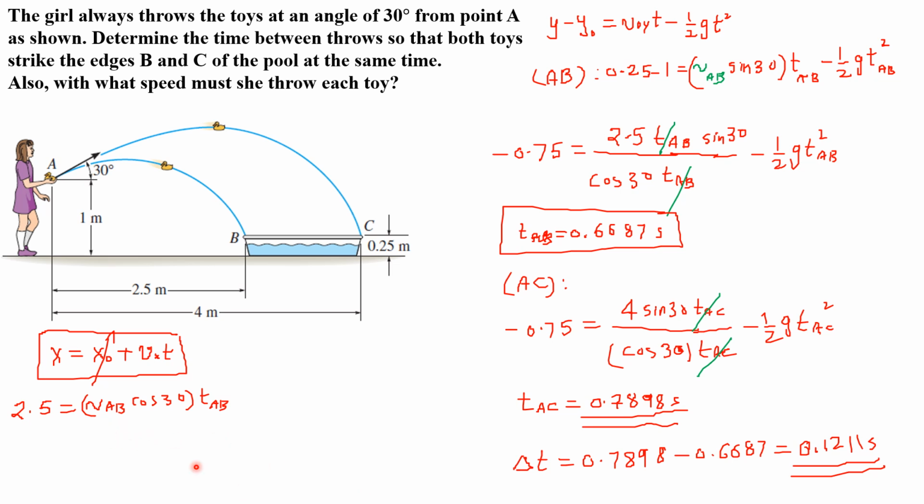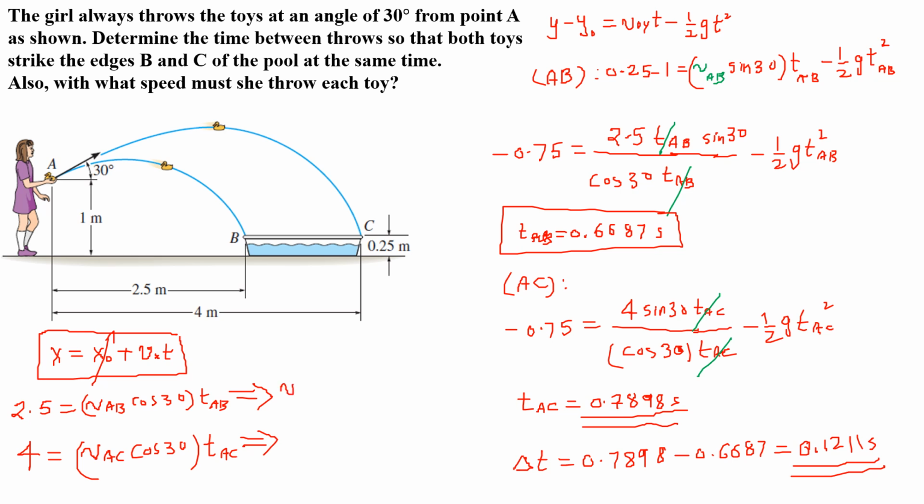For AC, the only difference is the horizontal distance, so I write 4 equals VAC cos 30 times TAC. Since I have found both TAB and TAC, we can apply this and find the velocity of each throw.